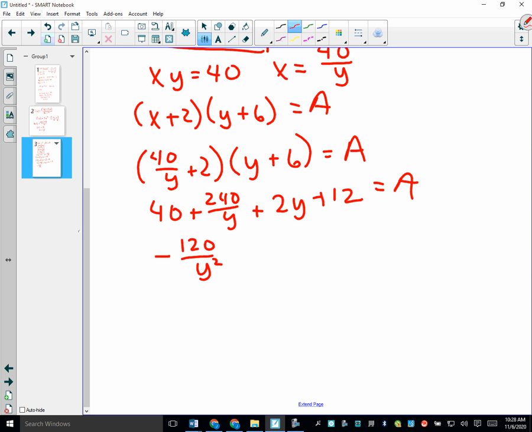Isn't this 240 y to the negative 1? And the derivative of this is negative 240 y to the negative 2.